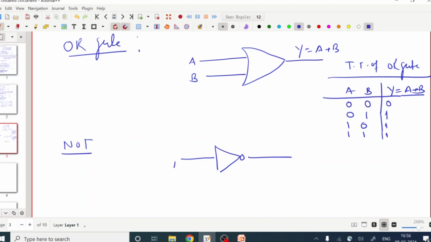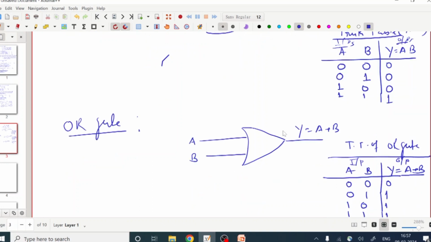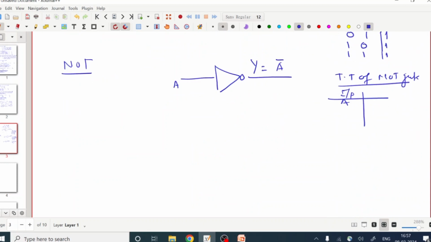When the input is A, the output Y is written as A complement, meaning the inverted value. What is the truth table of the NOT gate? A is the input and Y, written as A complement, is the output.